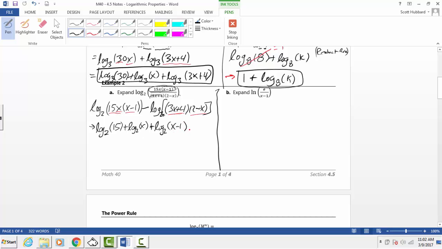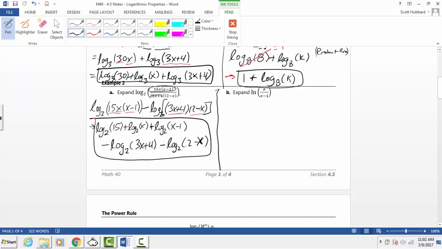Okay, and I'm going to subtract the bottom ones: log base 2 of 3x plus 4 minus log base 2 of 2 minus x. And that gnarly thing is the whole answer there.